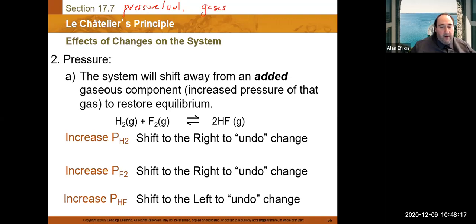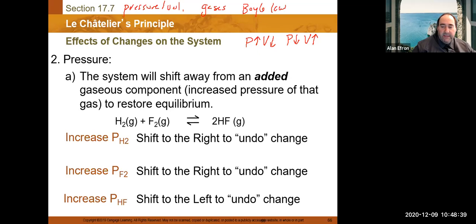If you remember our Boyle's law relationship, as the pressure goes up, the volume goes down, and vice versa. As the pressure goes down, the volume goes up. That's an important relationship here when we're dealing with Le Chatelier's Principle and pressure or volume changes that occur, especially when we have gases involved.